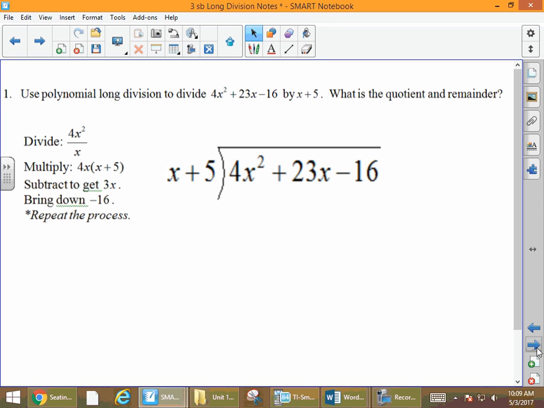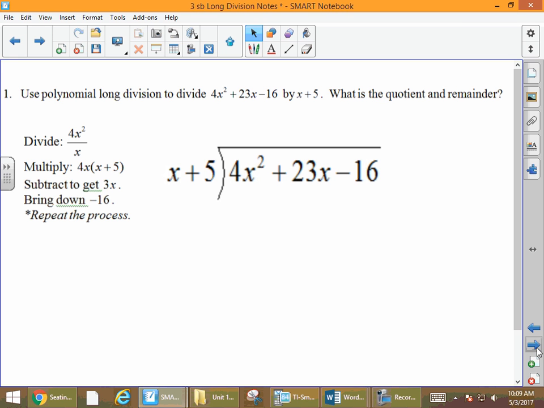But the process is off to the left side of the smartboard here, and the first step says that we're going to take our highest degree term, which is 4x squared, and we're going to divide it by the variable out here in our divisor.